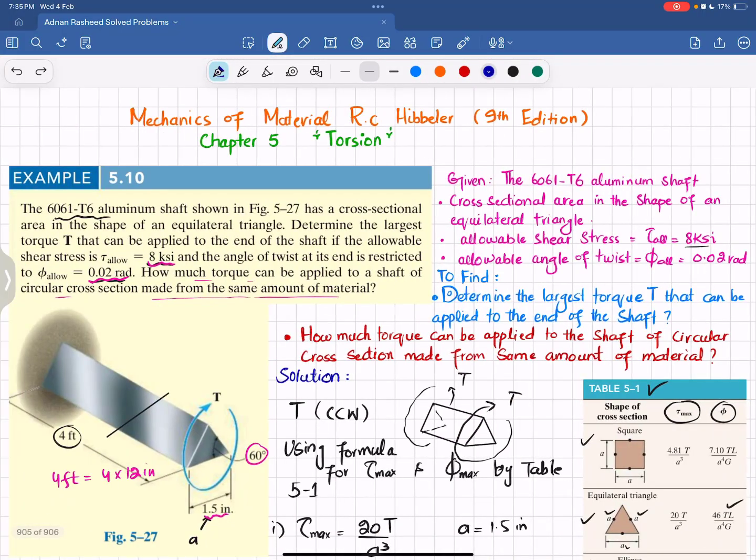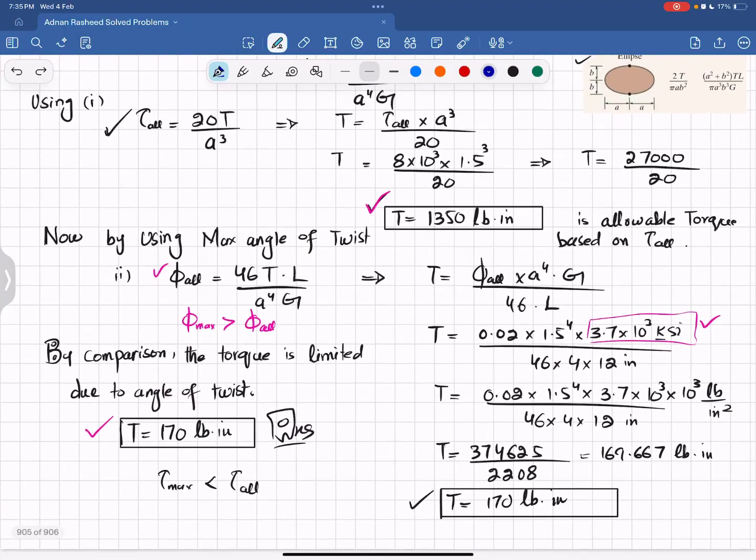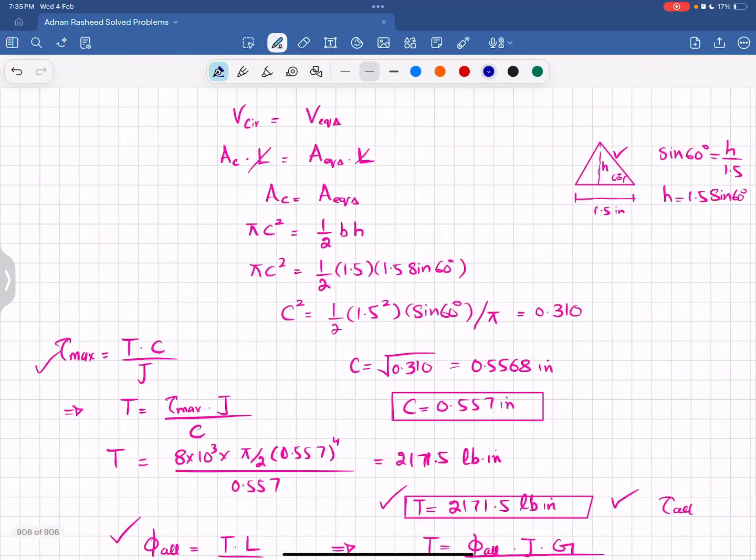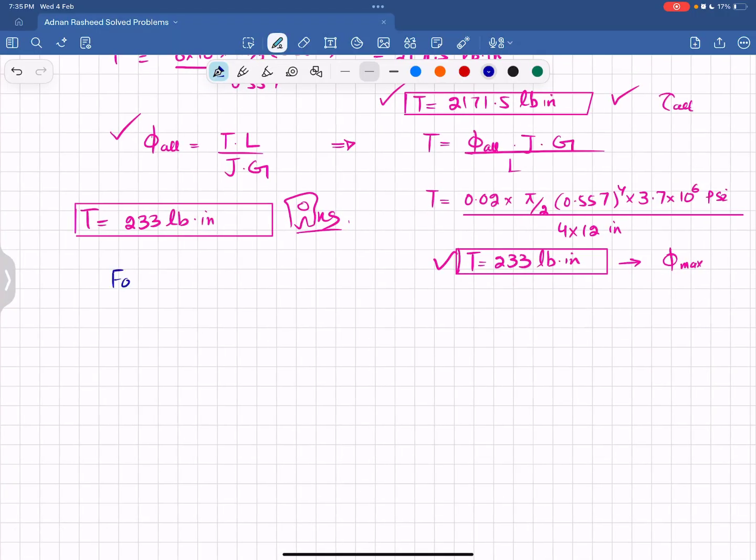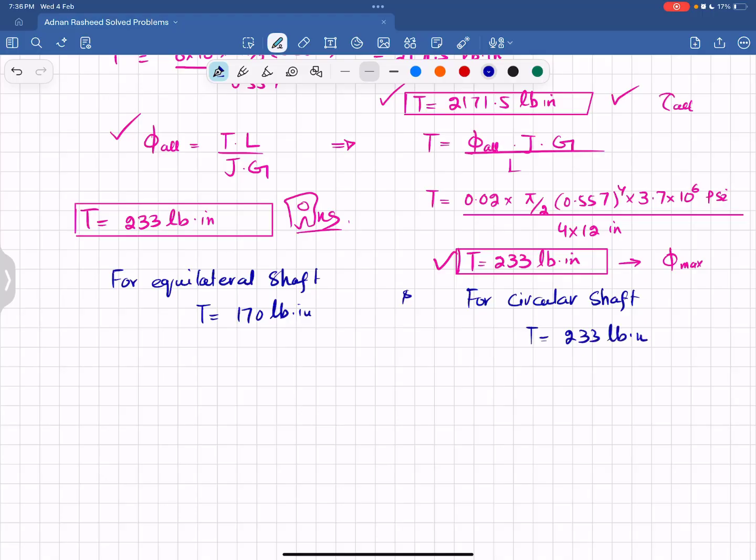Now you can see that if you use triangular bar, your allowable torque was 170 pound. So for equilateral shaft, maximum allowable torque is 170 pounds into inch, and for same amount of circular shaft, of same material, torque is 233 pounds into inch.